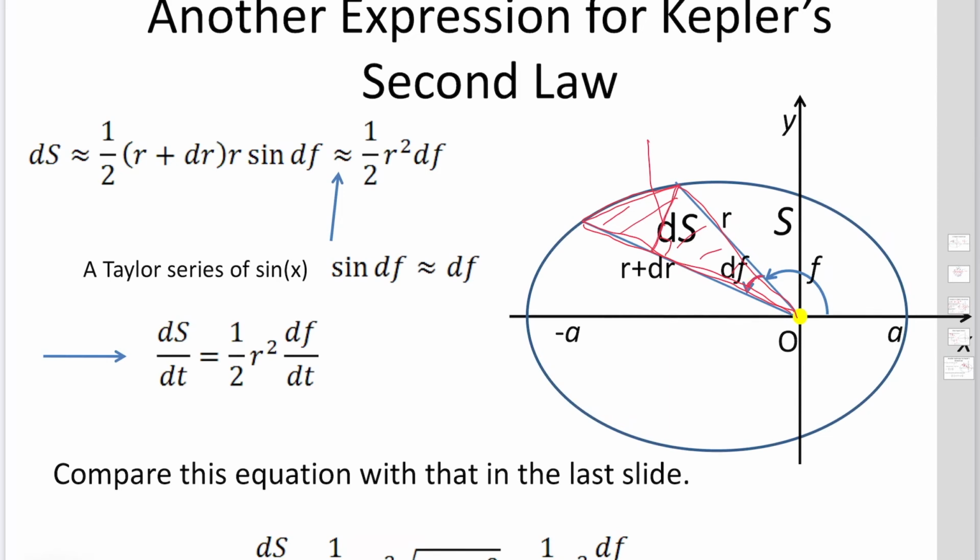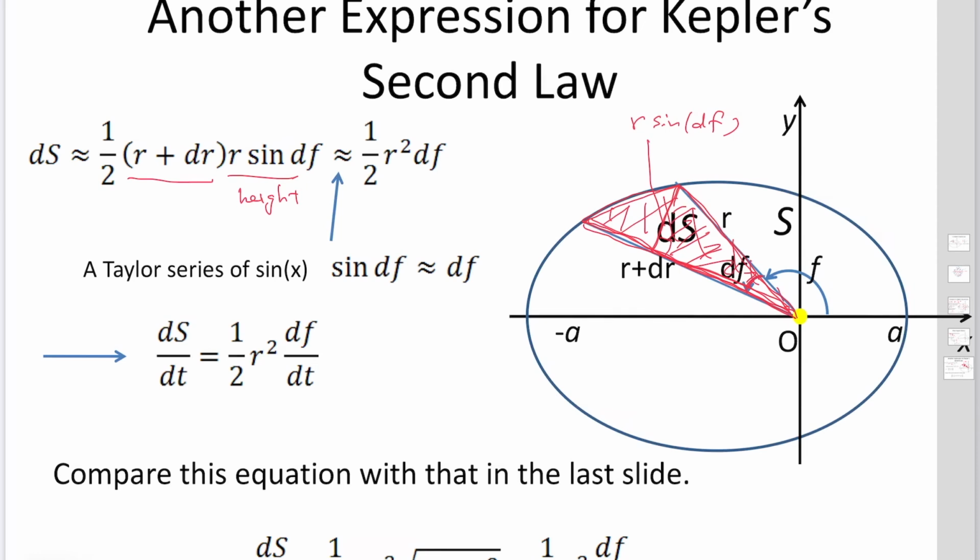So if you consider this triangle, the height is expressed as r sine df. So this distance, r plus dr, times the height r sine df, times 1 over 2 gives the area.